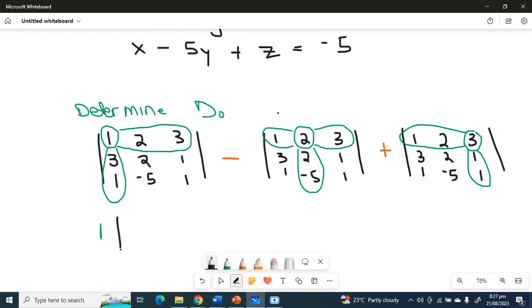Then we make a smaller 2 by 2 matrix which includes the numbers which are not circled. So we have 2, negative 5, 1, 1. Minus, here again, the 2 we circled we put outside to make a 2 by 2 matrix: 3, 1, and 1, 1.